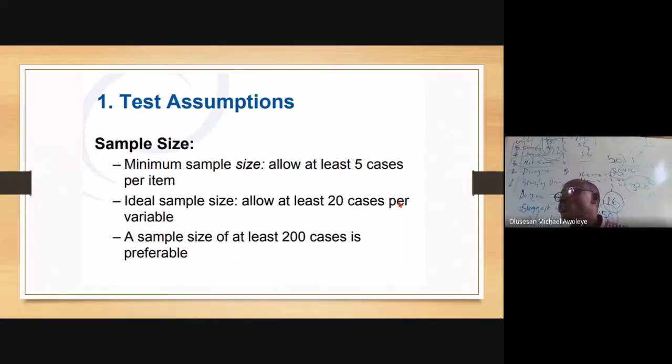And usually you don't do just 10 items, because at the end of the day, if you want to come out with maybe 3 groups, how do you divide 10 into 3? It's also possible, because you can have 3, 3, 4.